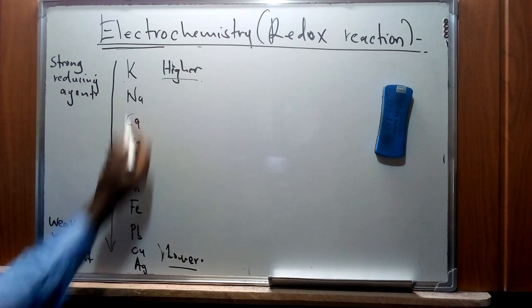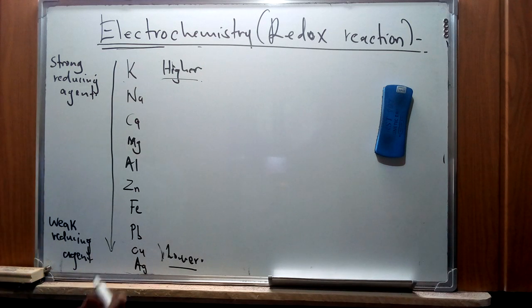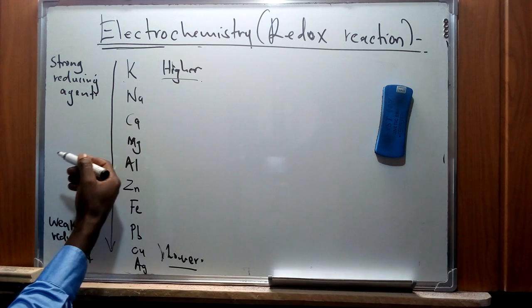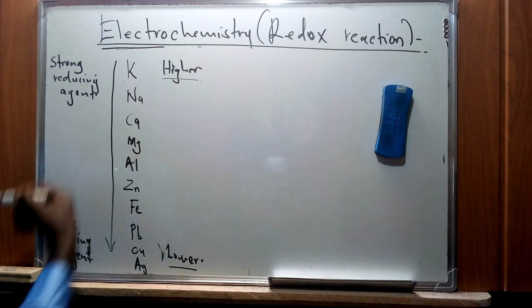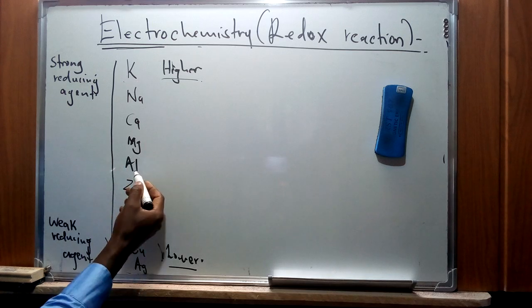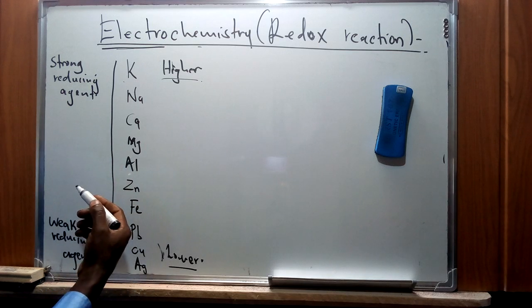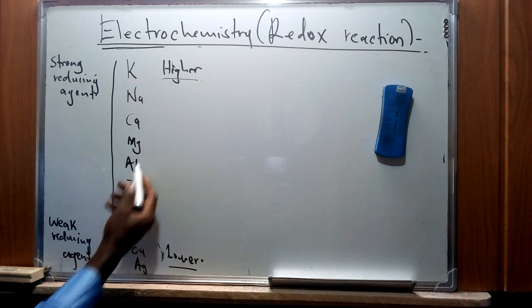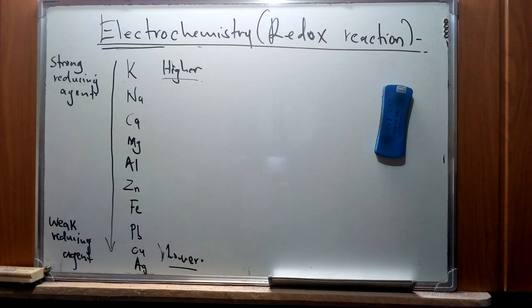So if sodium or calcium is introduced in a solution of an aluminium compound, it is going to displace aluminium from its ions and also form an ionic state of its own.